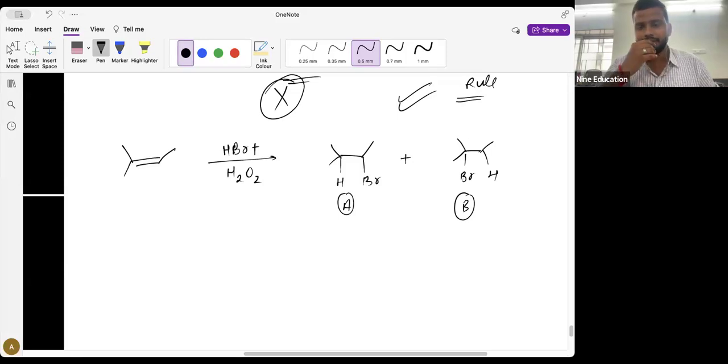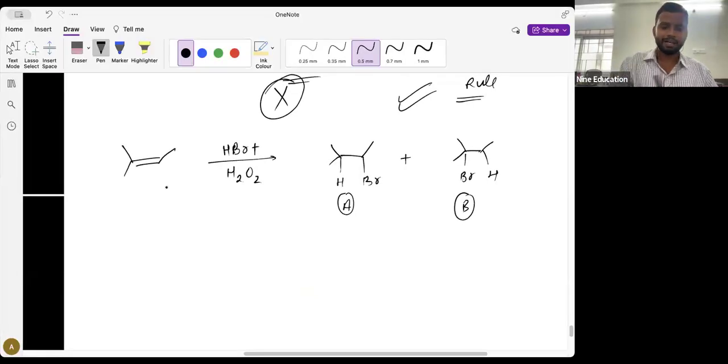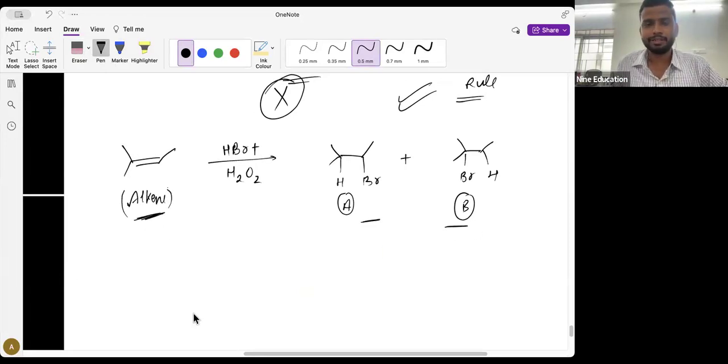Tell the answer. Should I repeat the question? See, the question is, let's say we have this alkene and I have to convert this alkene to an alkyl halide.